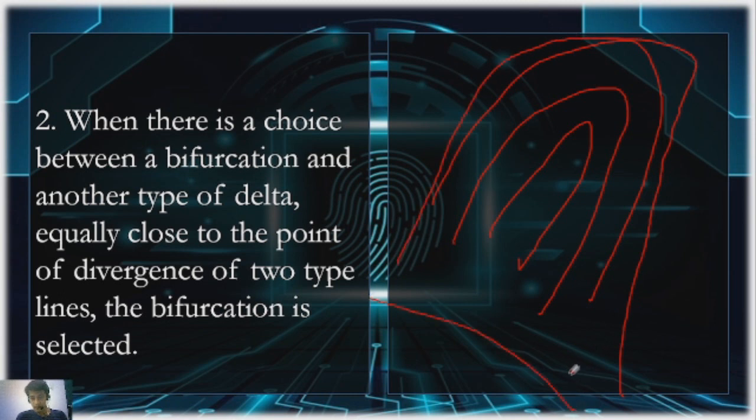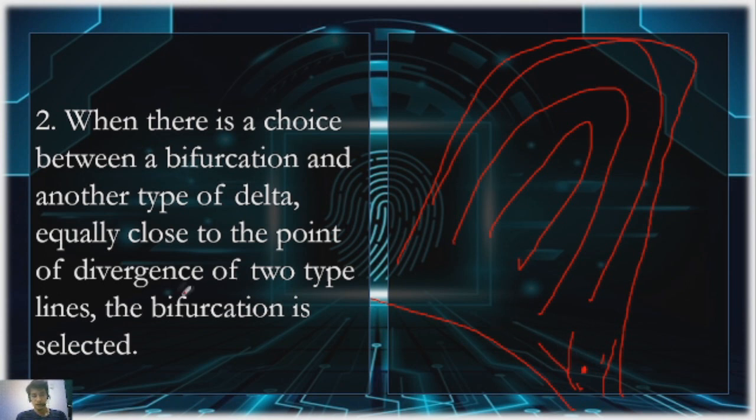Okay, and let's say there are lots of delta formations in here. So let's say there's a short ridge at that. Okay, and let's say there's a bifurcation in here. Okay, and there's an abrupt ridge in here. Okay, and with that we are going to have here, or an island I should say, I mean a short ridge, and with that there are three choices that we are going to look on here.